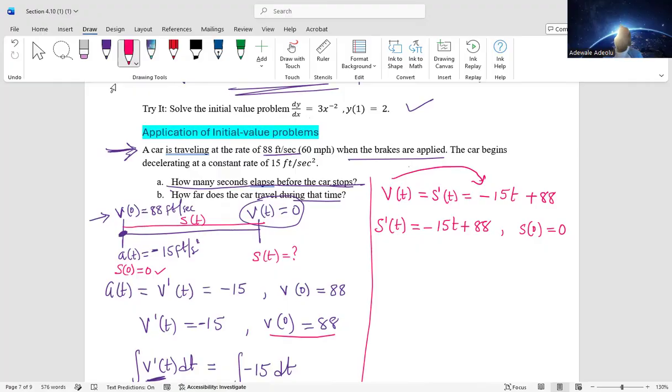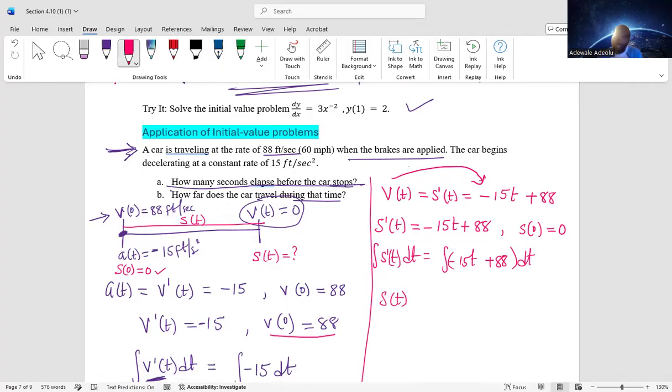Now that we have this, to find that function, I just need to take the antiderivative: the integral of negative 15t plus 88 dt. If I integrate s prime of t, I will get s of t.